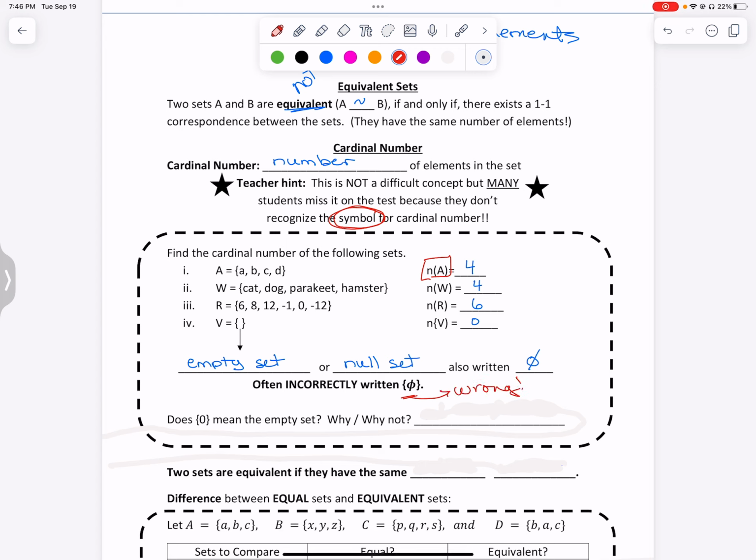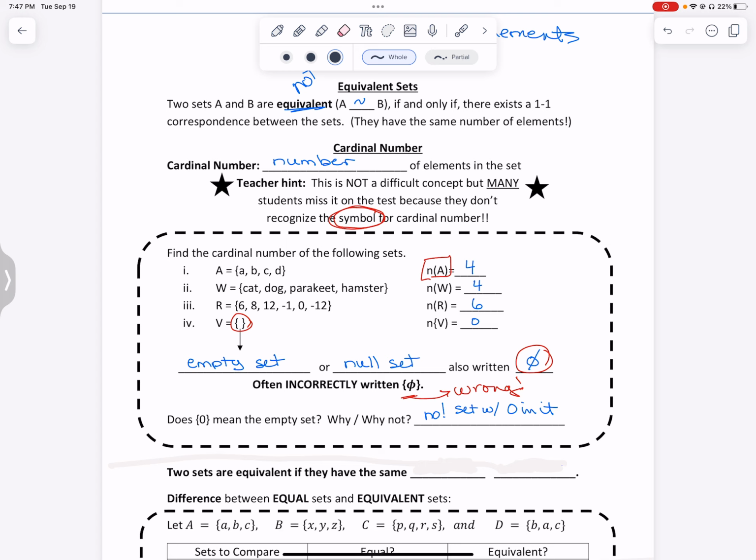That's the set of the empty set, which is weird. So you can write it either like this or like that. Both of those mean empty set. What about this guy? Does that mean the empty set? It's got a zero in it. No, it's a set with the number zero in it, right?